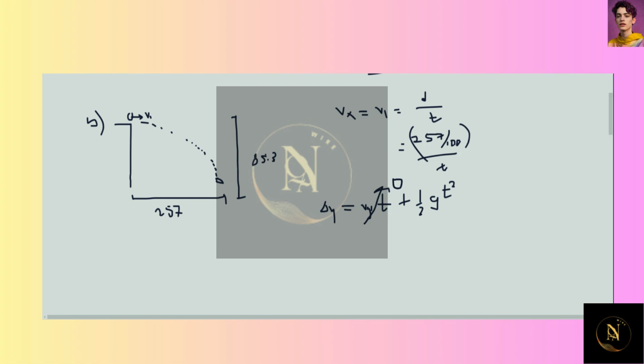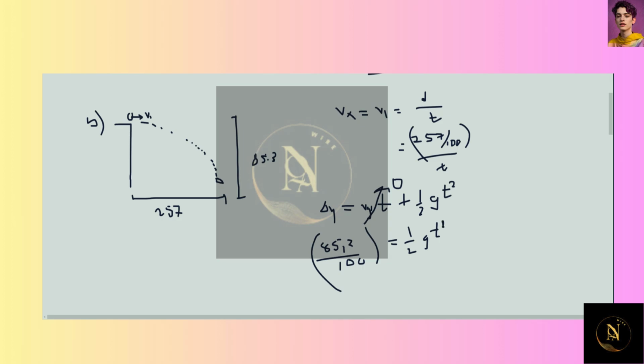So 85.3, the change in y, over 100, because that's in centimeters, is equal to half gt squared.